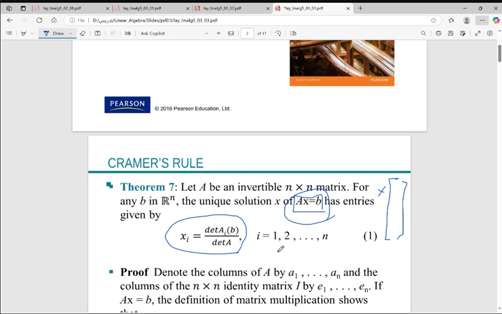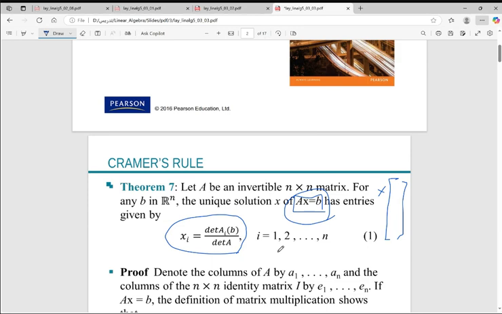Yes, doctor, it is clear. That means when matrix A is invertible and has a unique solution, we take this formula. Exactly. And you can use this formula to find your unique solution, more than echelon form.